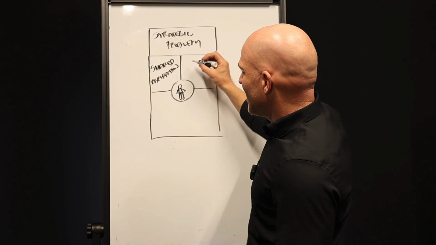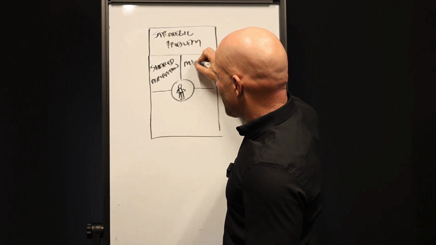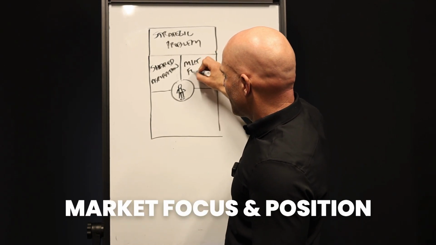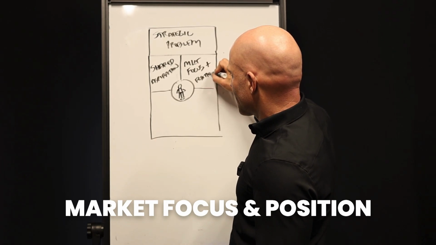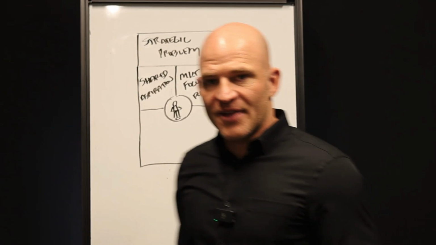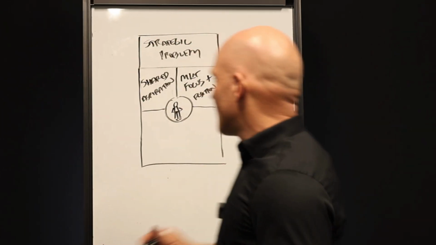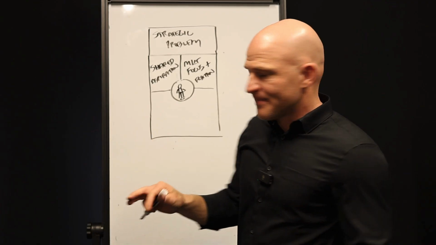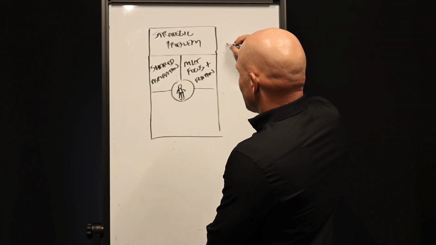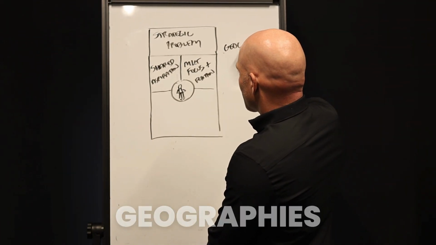Okay, moving on into the next box, we have market, focus, and position. Seems like a lot of fancy words, right? It's really simple though. This is essentially defining where your company is going to compete. And it may include things like geographies.